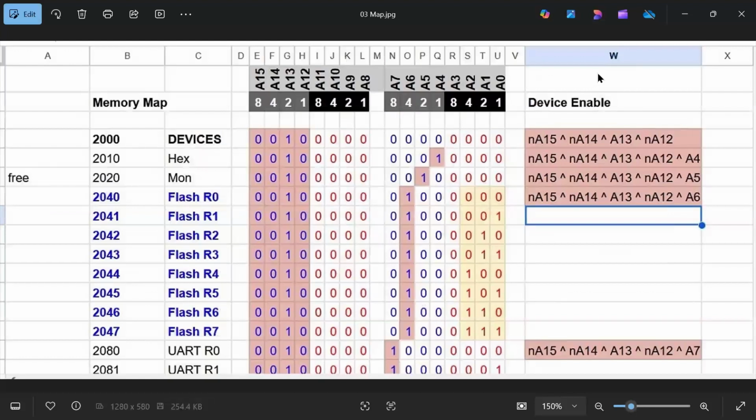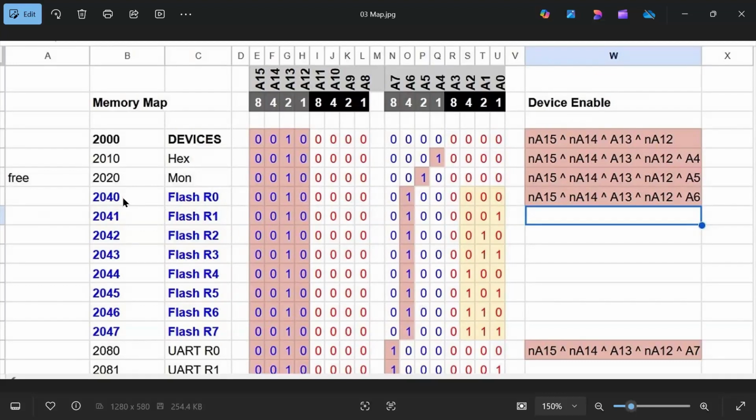Now, how is TTL Computer 2 going to communicate and operate with the flash card? And this is going to be much the same as what we saw with our UART. The flash card provides 8 registers, 0 through 7, that TTL Computer 2 can use to interact and operate with the flash card, so read and write to the different registers.